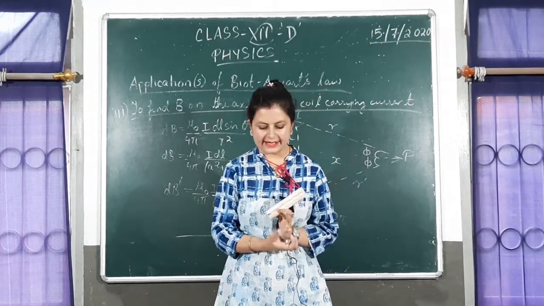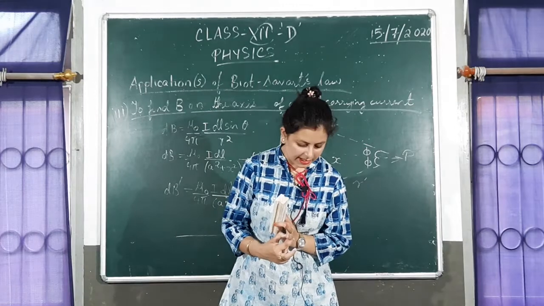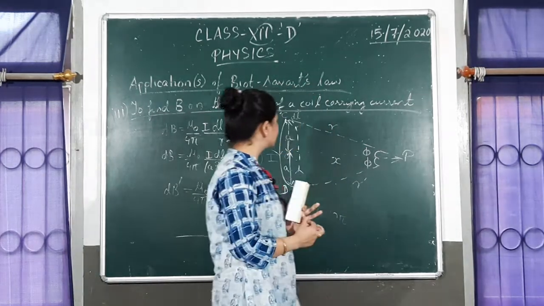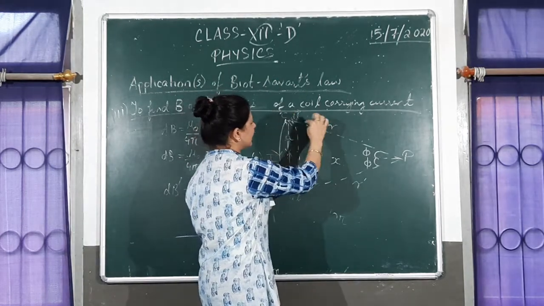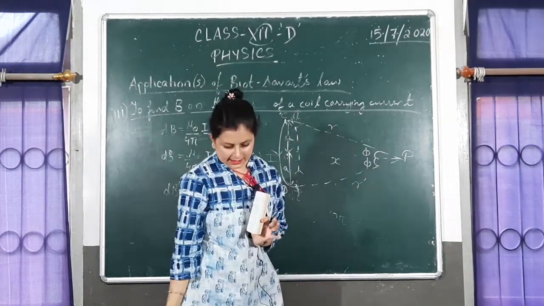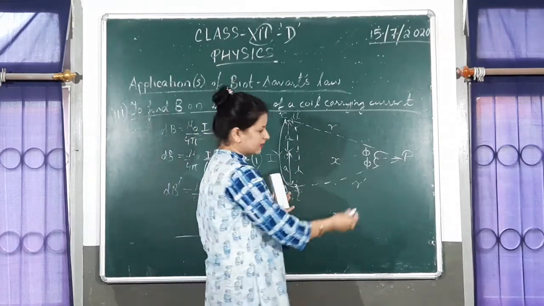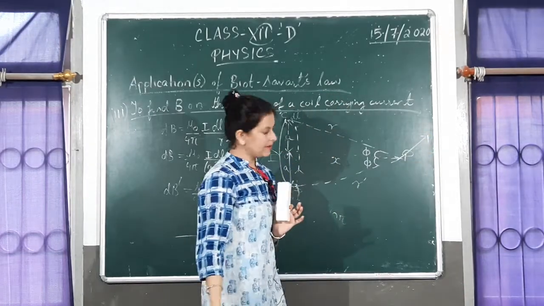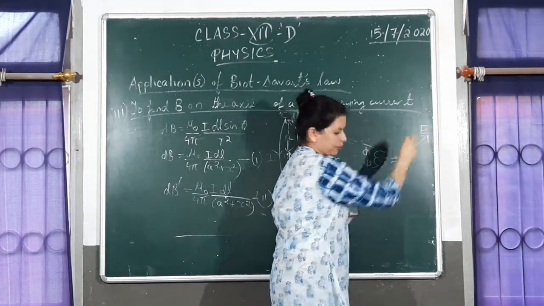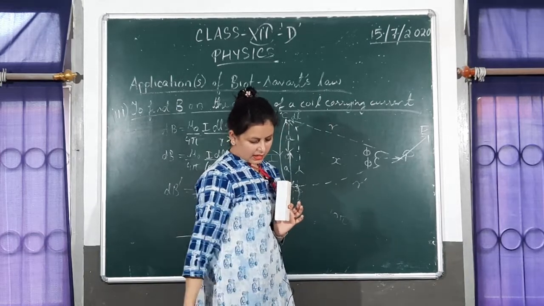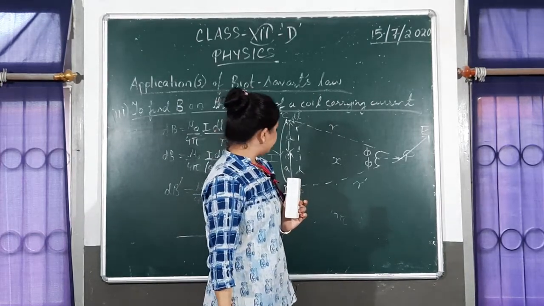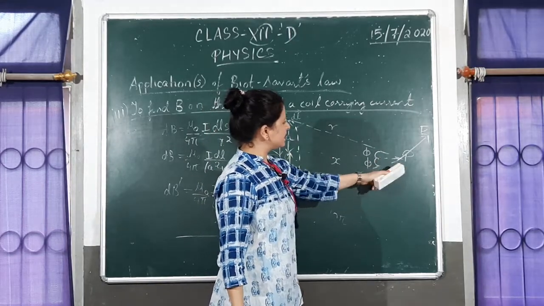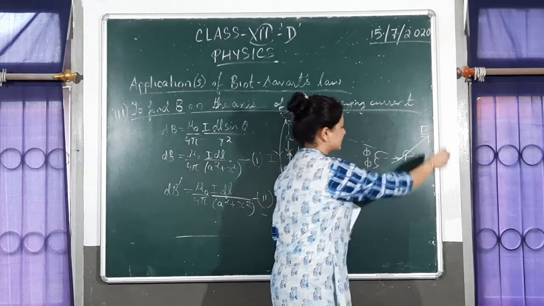Now we will talk about the direction of dB and dB dash. dB is directed along a plane which is perpendicular to the plane containing DL and R. Say it is directed here, and this point is E. So it is directed towards a plane that is perpendicular to CP, and the name of this direction is PE.